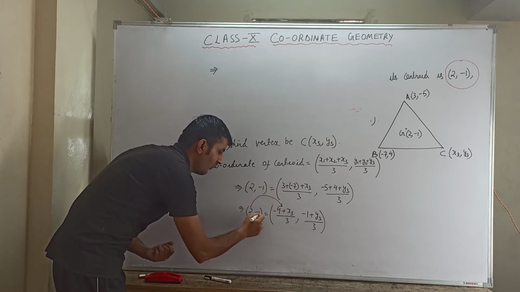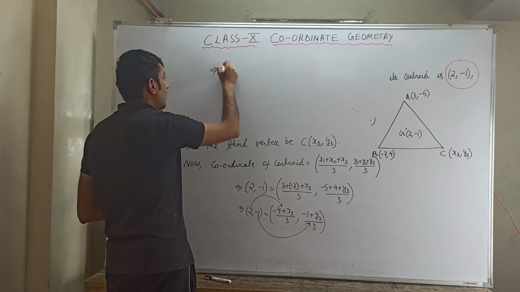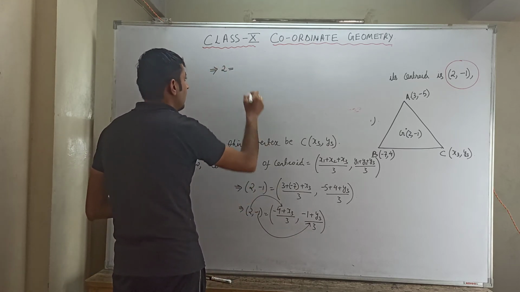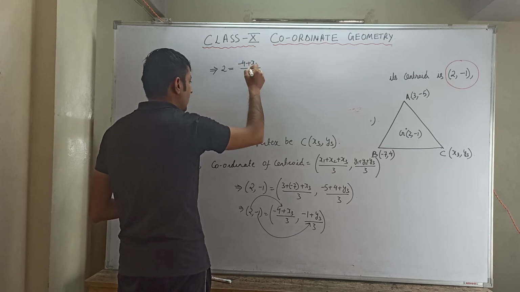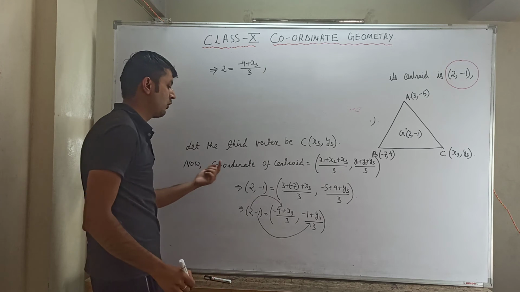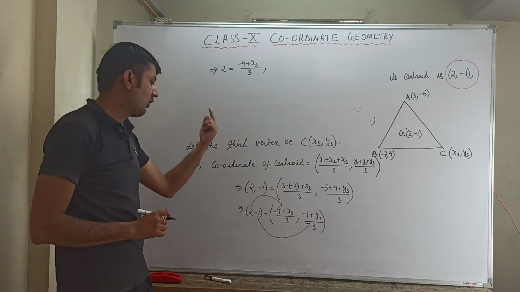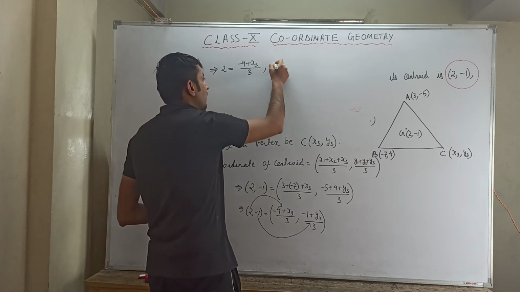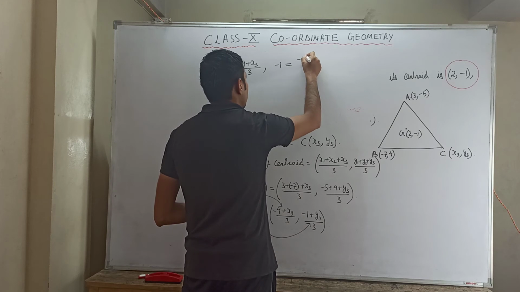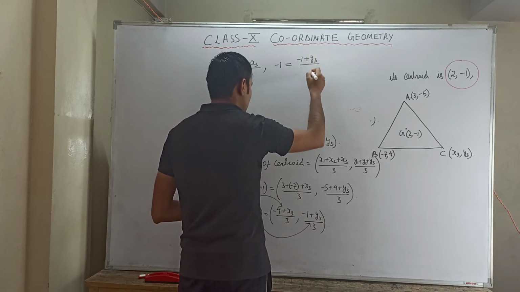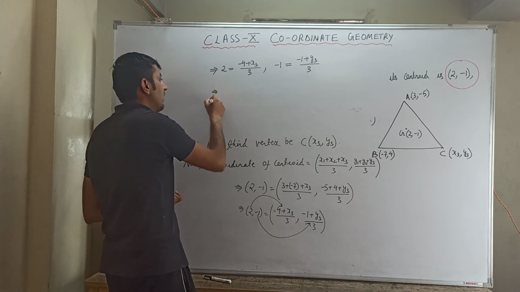Your 2 must be equal to (-4 + x3)/3, the first component. Similarly, the second component: -1 must be equal to (-1 + y3)/3. Now let us do the simplification.